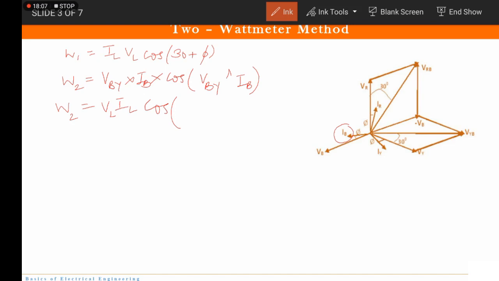In the earlier diagram, we had it like this. So this was VBY. Correct?